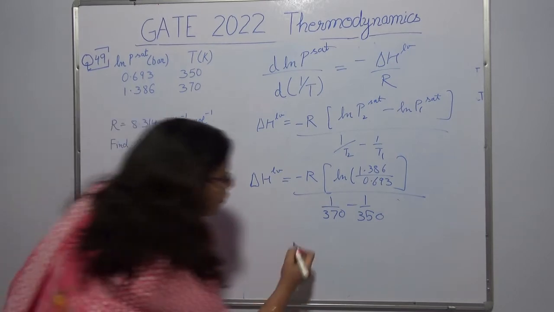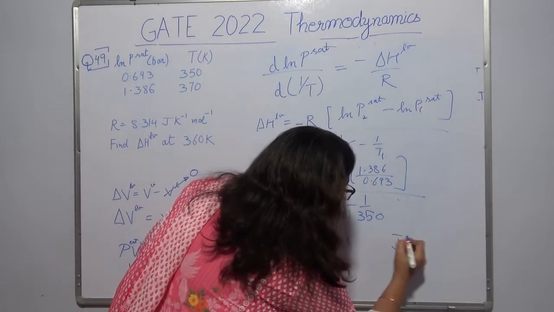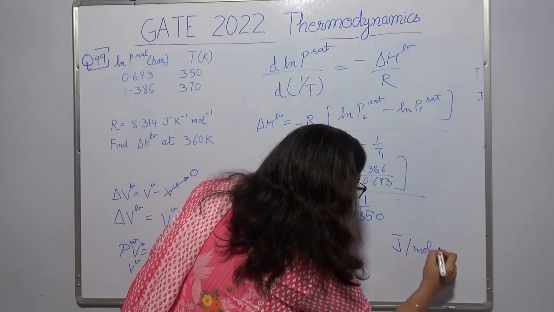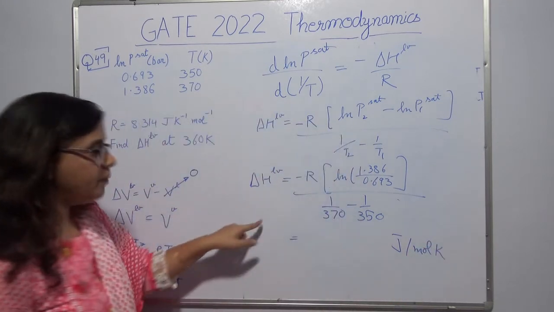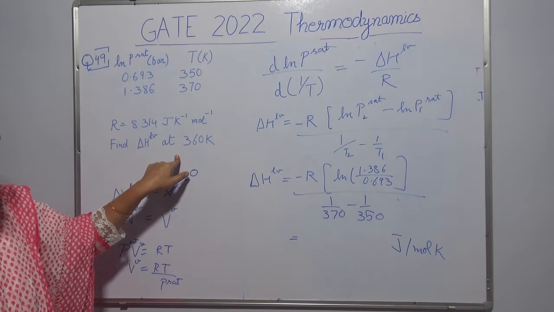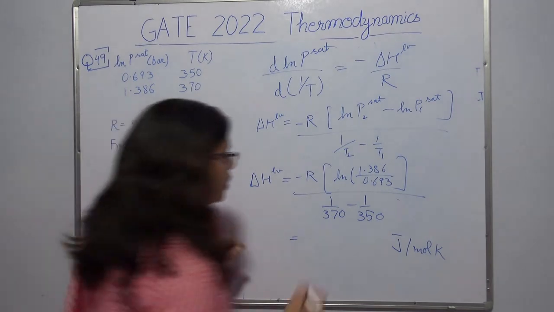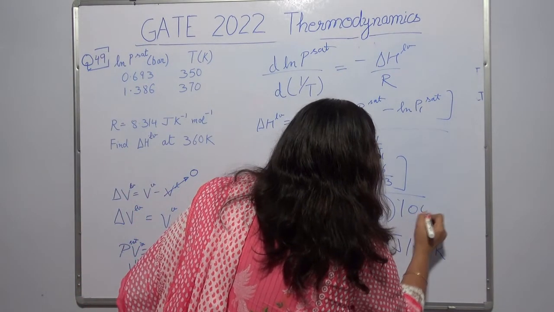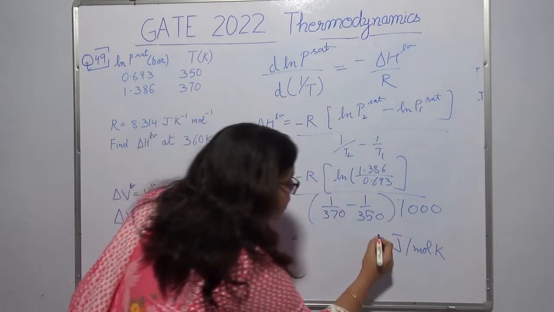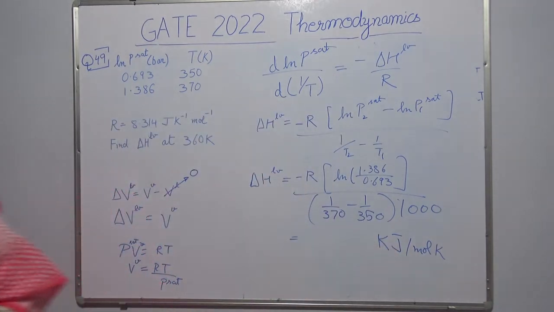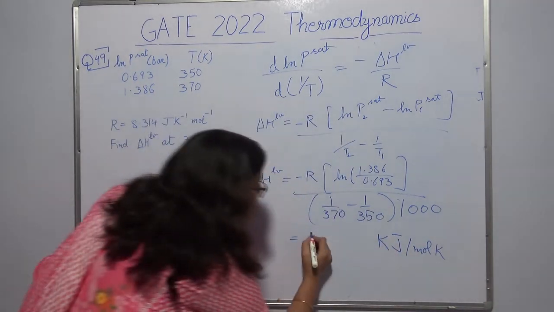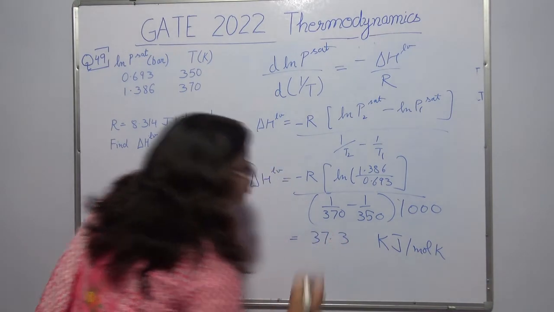The answer which you will get will be in joules per mole. Okay, but they have asked you to calculate in kilojoules. So what I will do is divide this further by 1000 so that your answer directly comes in kilojoules, and your answer comes out to be 37.3 kilojoules per mole.